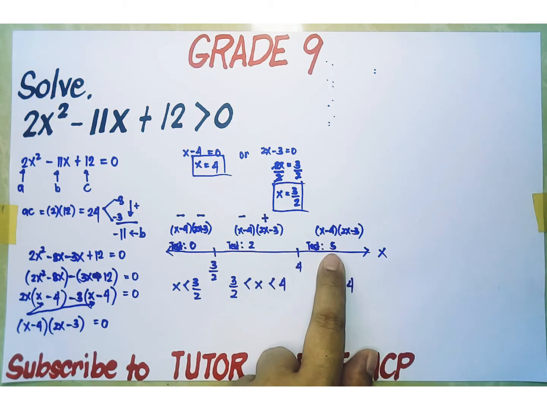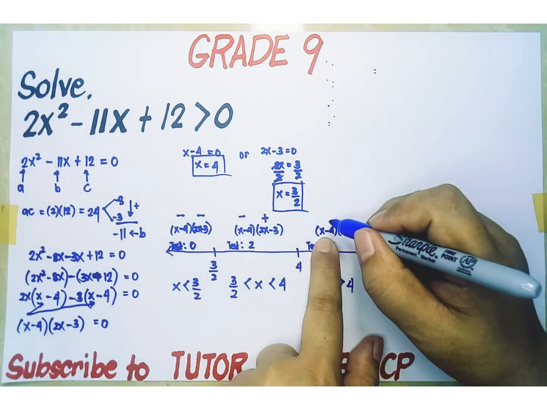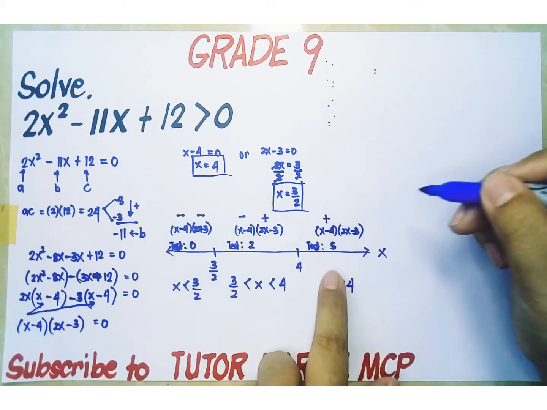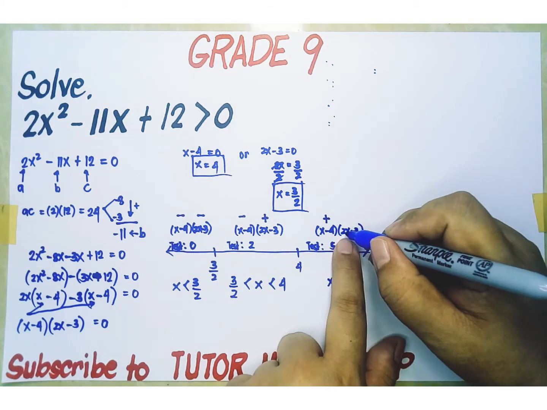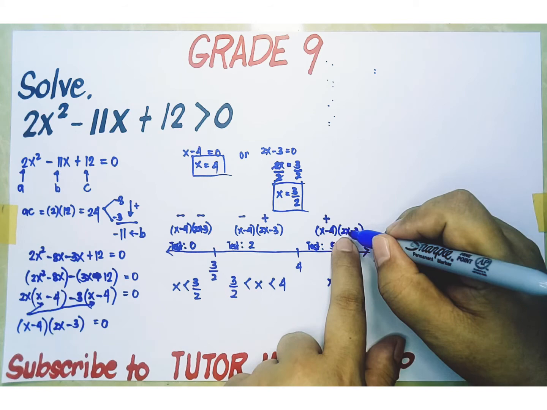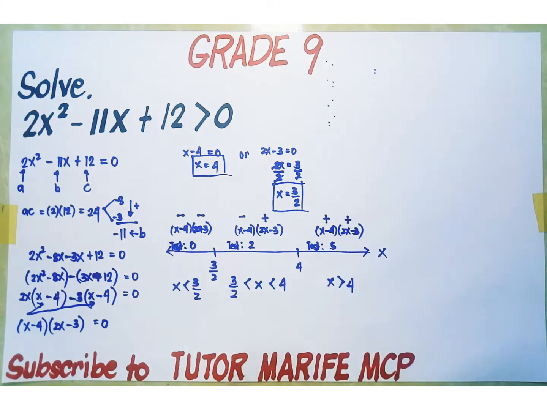Next, we plug the test value 5 into x minus 4. So 5 minus 4, positive 1. Plug 5 into 2x minus 3. 2 times 5, 10 minus 3, positive 7. Okay?